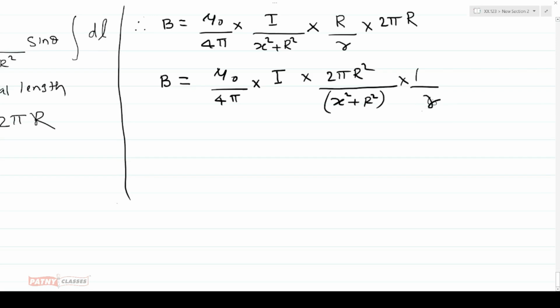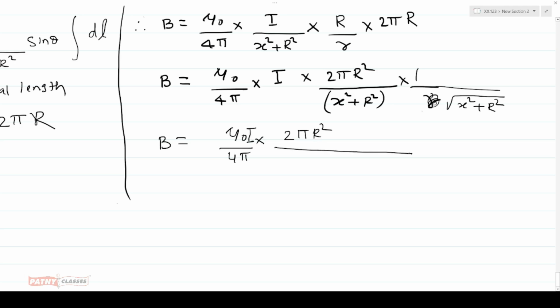Here in place of small r we can write under root of x square plus r square. So this becomes B equals mu naught upon 4 pi multiplied by 2 pi r square, so mu naught I upon 4 pi into 2 pi r square divided by x square plus r square raised to 3 by 2.